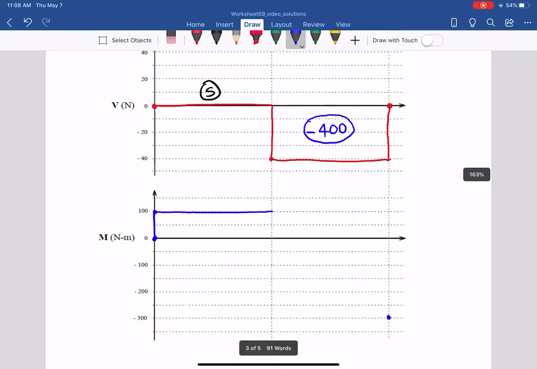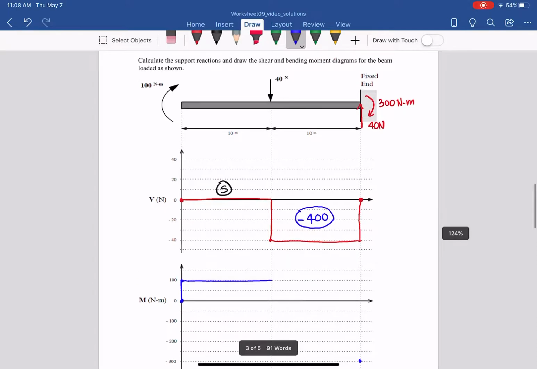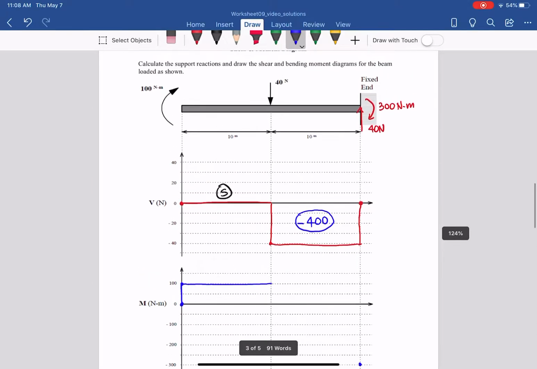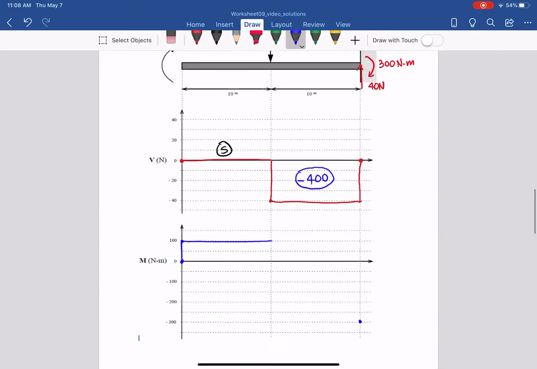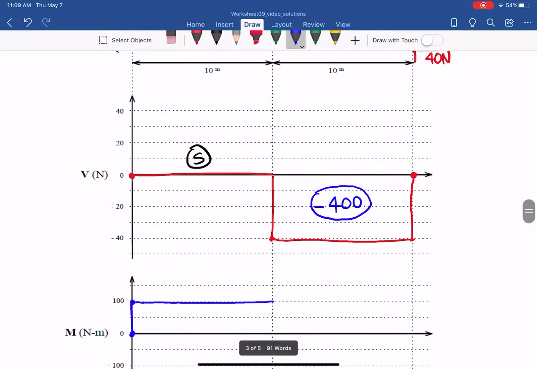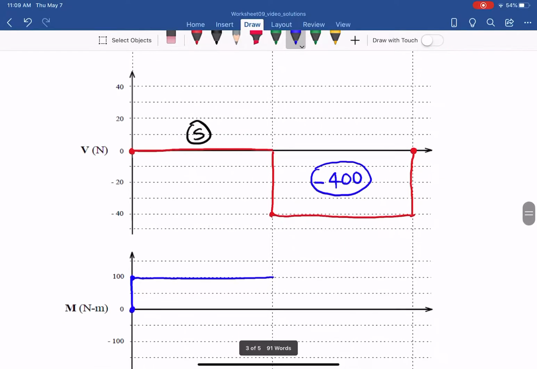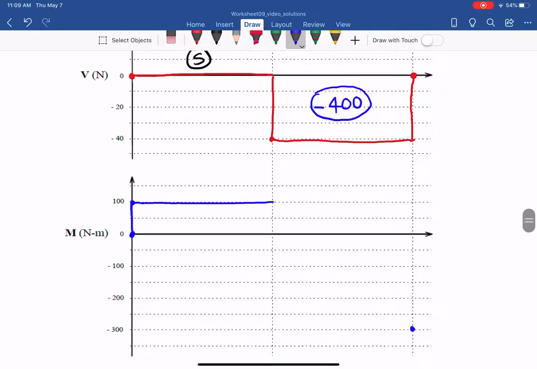And make sure whether it's a parabola, straight line, or cubic. In this case, there is no distributed load, so you will have a straight line for the moment. Or you can say the shear in the last 10 meters is the same, negative 40 Newton, so the slope will be the same. When the slope is the same, it will be a straight line. So you will have that here, a straight line going down.